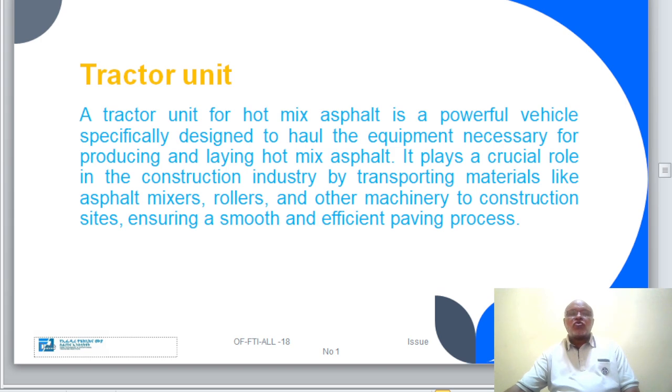The basic components of a tractor unit are the following: hopper, push roller, conveyor, flow control gates, side arm, auger, and automation and control panel.